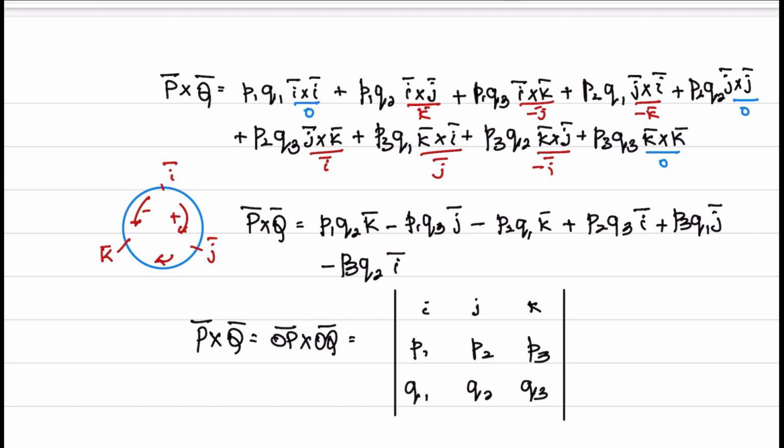Just for the first, I into P2, Q3 minus Q2, P3.